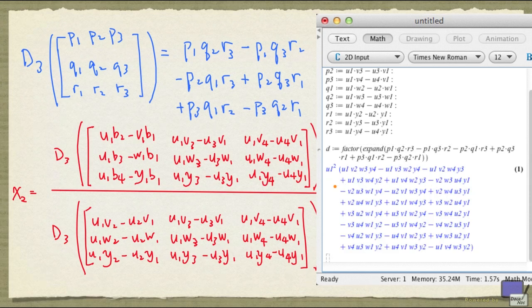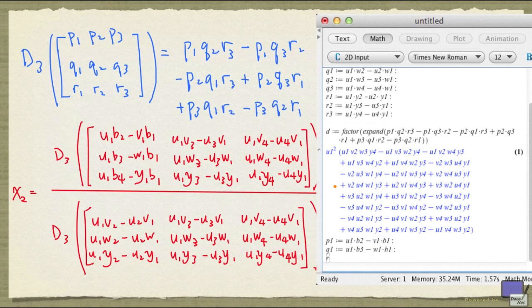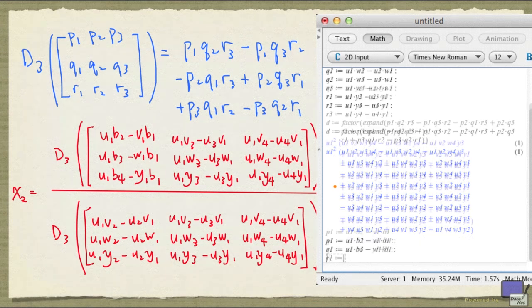So this is the result, and you see there's a factor of U1 square here. And there are 24 terms, as you can see, 3 each row. 1, 2, 3, 4, 5, 6, 7, 8. 8 times 3 is 24. Now we need the numerator as well. I need to set P1, Q1, and R1 to the values here. So P1 is going to be this, Q1 is going to be this, and R1 is going to be this.